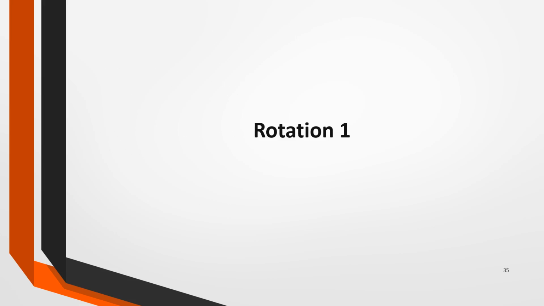Let's look at rotation 1. The very first thing you should know about a team in rotation 1 is that the setter is the server. And if the setter is the server, our setter is right back.